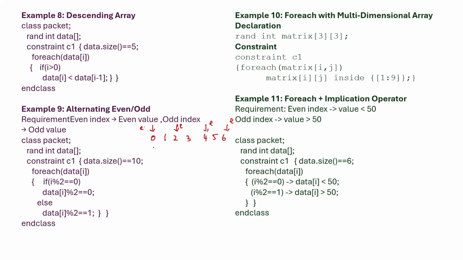In these even positions, I want to write odd values like 1 or 3, and then 7 or 9, and then 13. In this way I want to write the values. And these are the odd locations, right? In these odd locations I want to write the even numbers like 2, 4, 6. These values I want to write there.